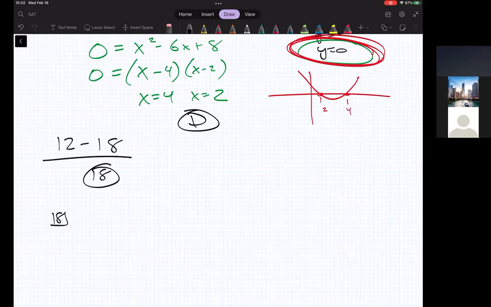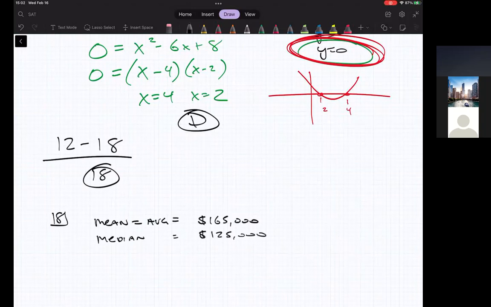A survey was taken of the value of homes in the county, and it was found that the mean, which is also known as average, was 165,000. And then the median was equal to 125,000, okay?